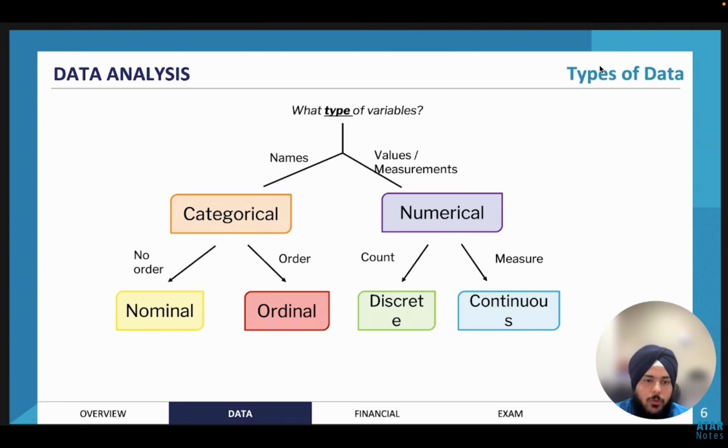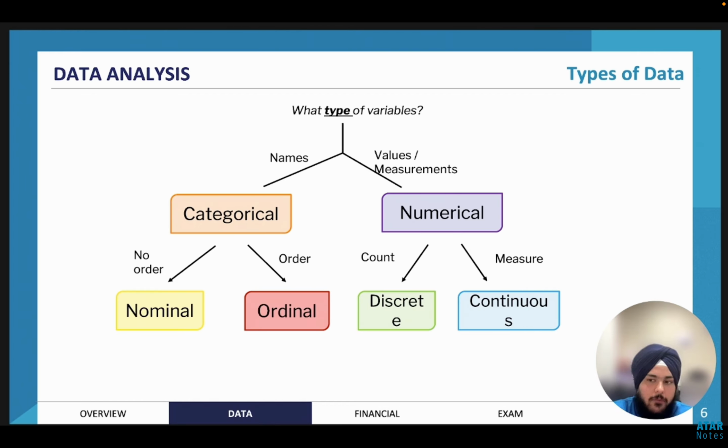Okay, so first of all, we'll be looking at the different types of variables that are used in data. First and foremost, we have categorical and numerical variables. These are the two different branches of data. Categorical variables usually represent some form of category, whereas numerical variables usually represent values, measurements, or quantities.